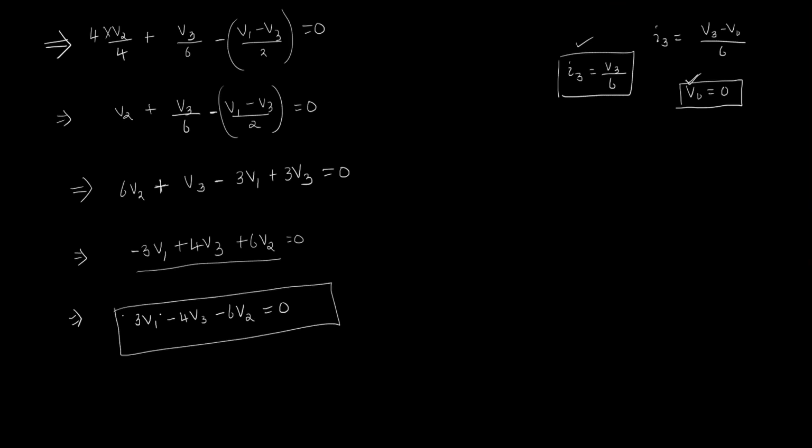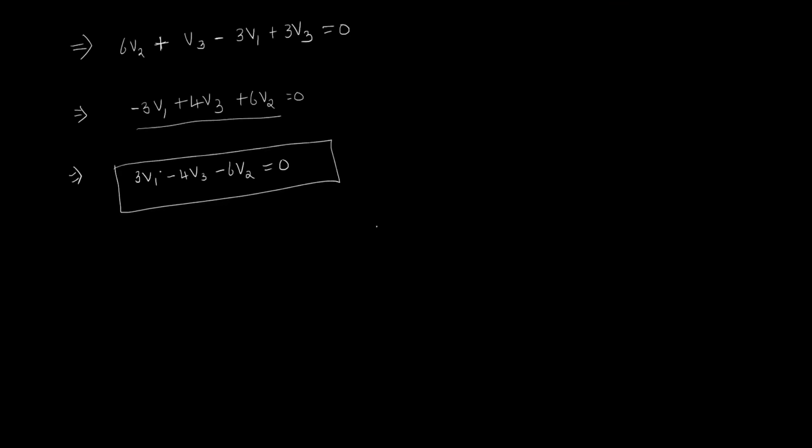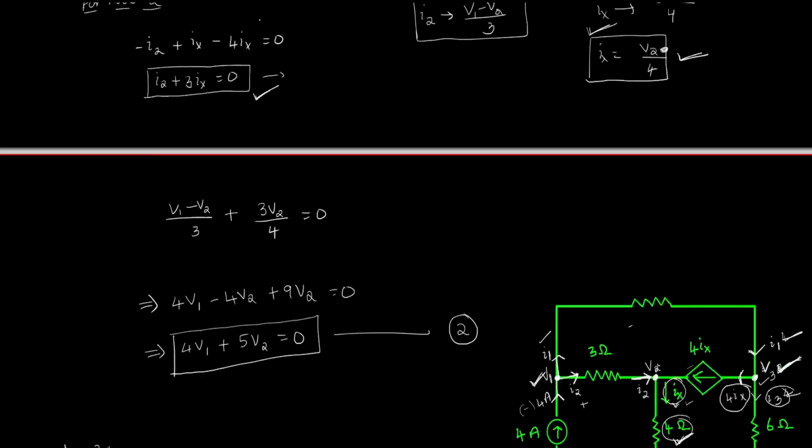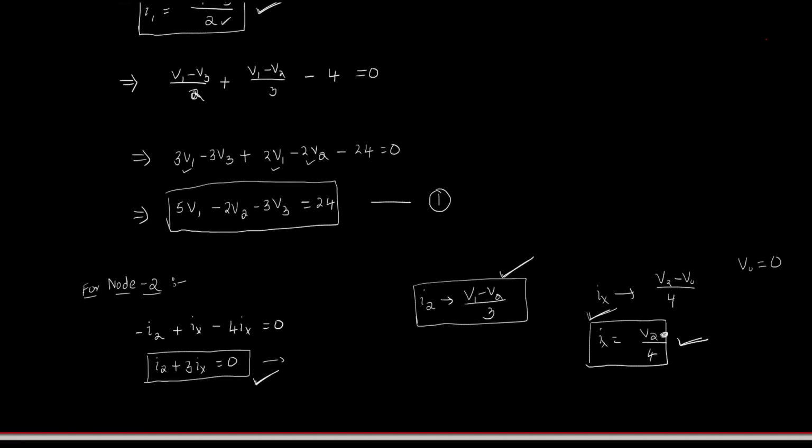So now by solving the equations using KCL on these three nodes, we obtain three different equations. Let us rewrite them in one place. The equation obtained by solving node 1 is 5V1 minus 2V2 minus 3V3 is 24.